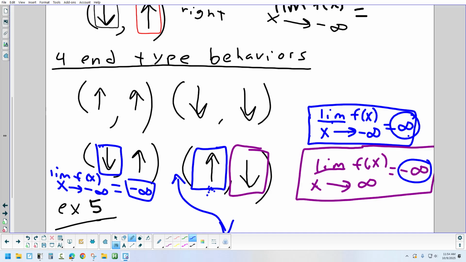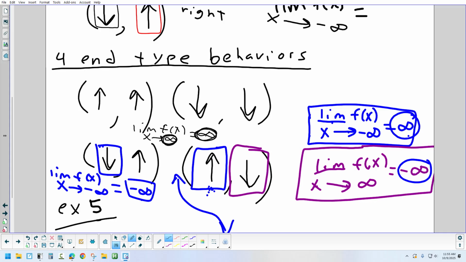This means as you head to the left, your graph heads down. And for the arrow going up, it would be the limit of f of x as x approaches infinity is equal to positive infinity. So this means as you head to the right for the x, the y heads up. So this is describing whether you're heading left or right. This is describing whether you're going up or down.